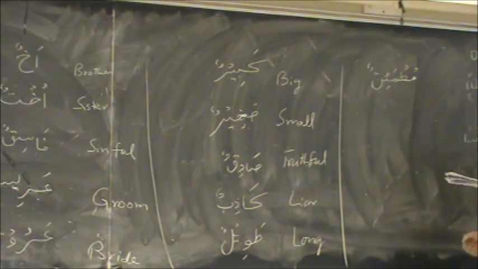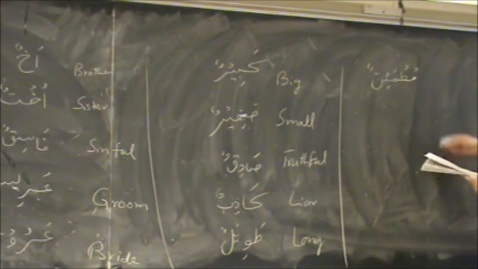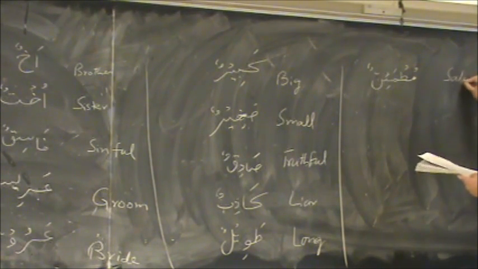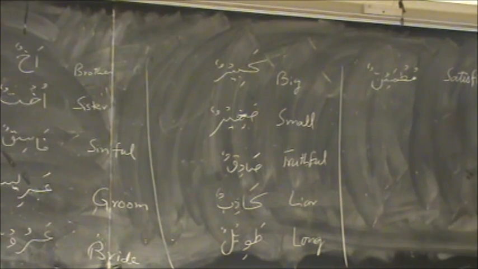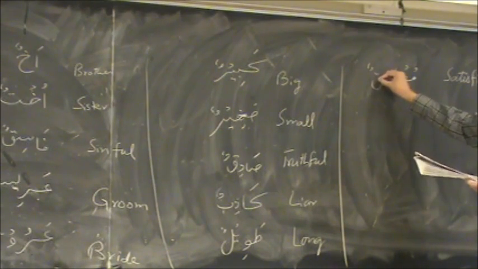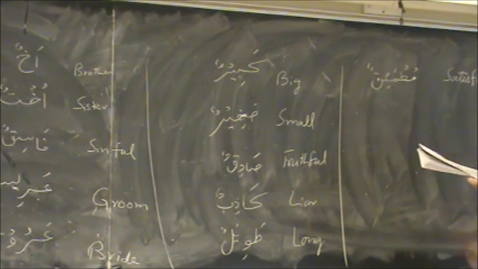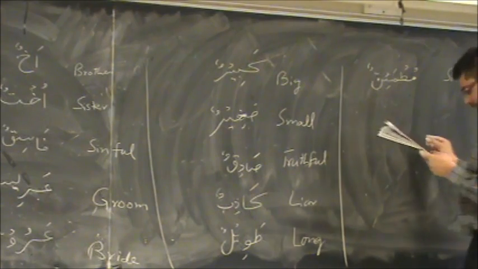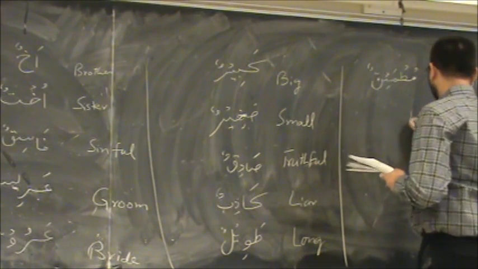Mutma'innun means, what does it mean? Satisfied. Since it's an adjective, you should be able to make the feminine. Mutma'innun. This is Hamza, this is Noon. Alright. 2 more.